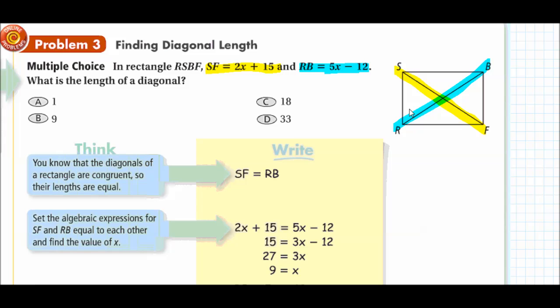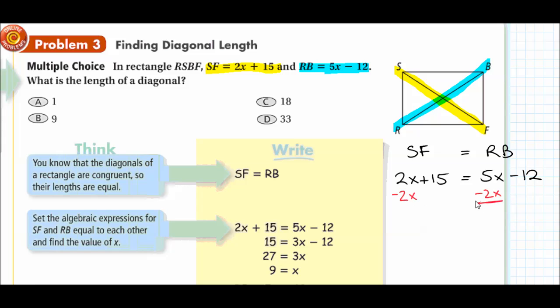So we know everything's right angles. So the diagonals of a rectangle are congruent. So all we have to do is say SF equals RB. So FS is 2x plus 15. RB was 5x minus 12. Okay, I like to get the x's to the same side, and I like to keep them positive if I can.